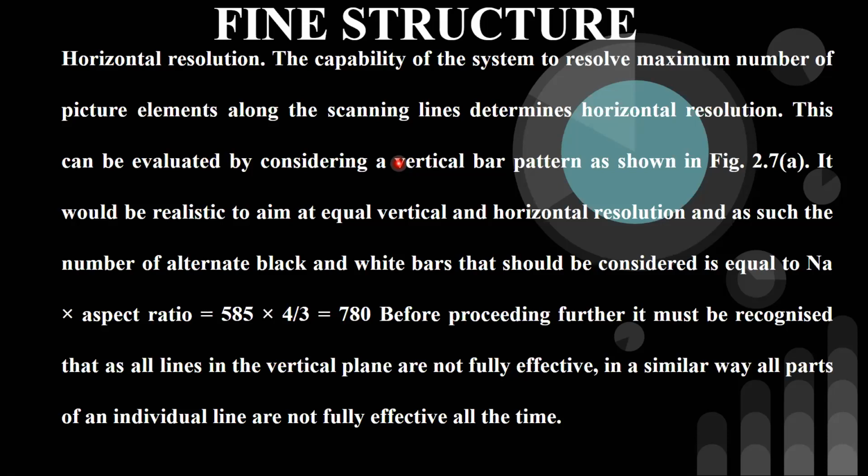So our answer is equal to 780. Clear? So what is the meaning of 780? Before proceeding further, it must be recognized that all lines in the vertical plane are not fully effective. In a similar way, all parts of individual lines are not fully effective at all times.